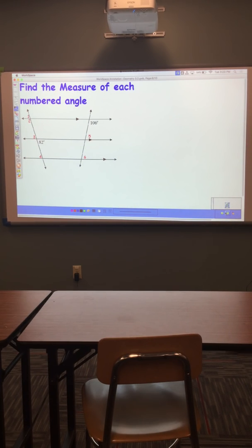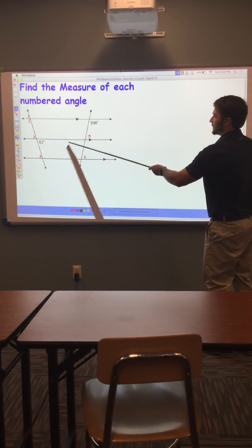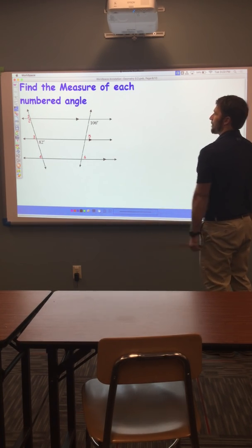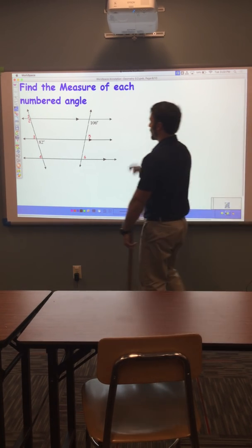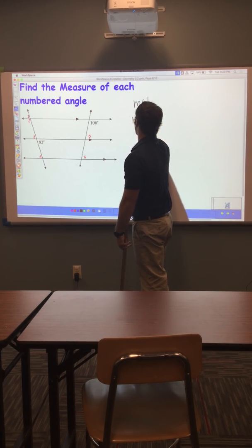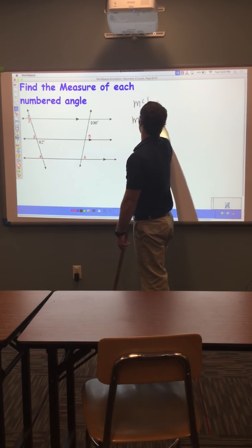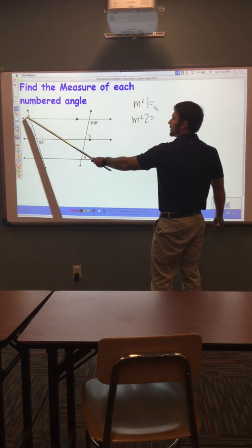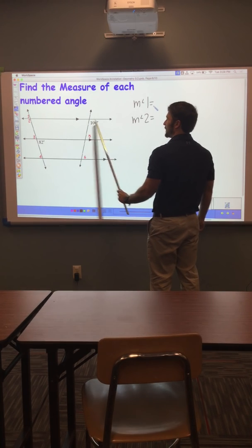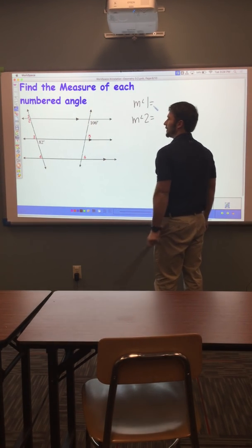So here we have a diagram. We have three lines that are all parallel and two other lines. So let's find the measures of angles 1, 2, 3, 4, 5, and 6. So measure of angle 1. Now, oftentimes people will say, oh, it's 106 because these are alternate exterior angles.